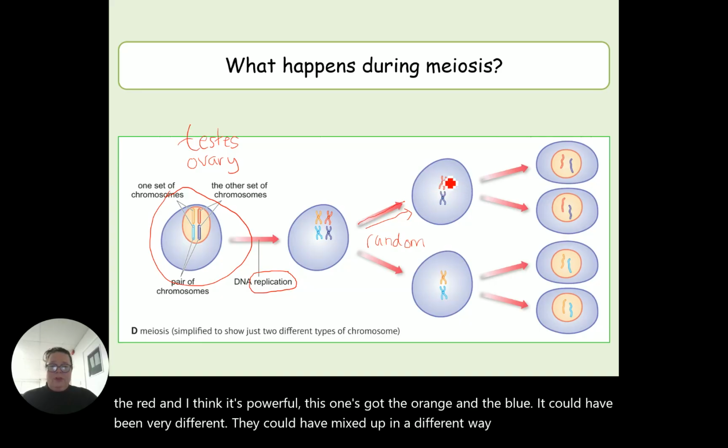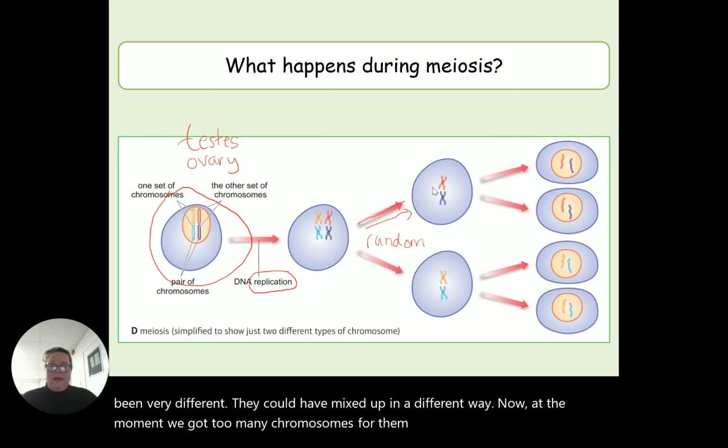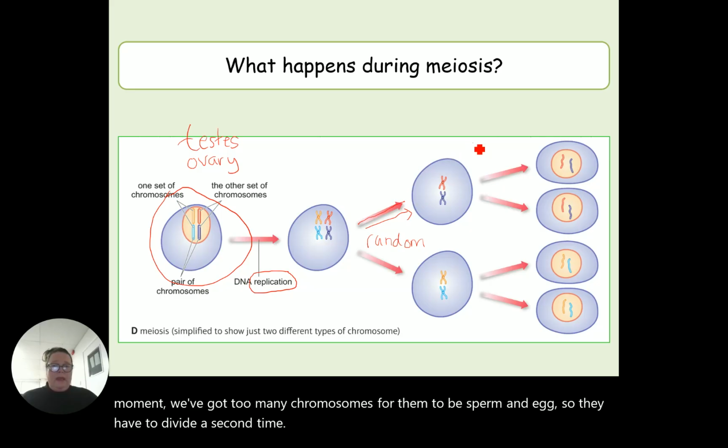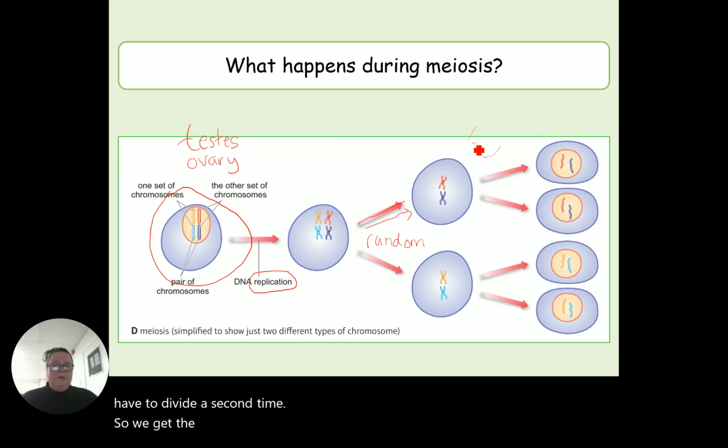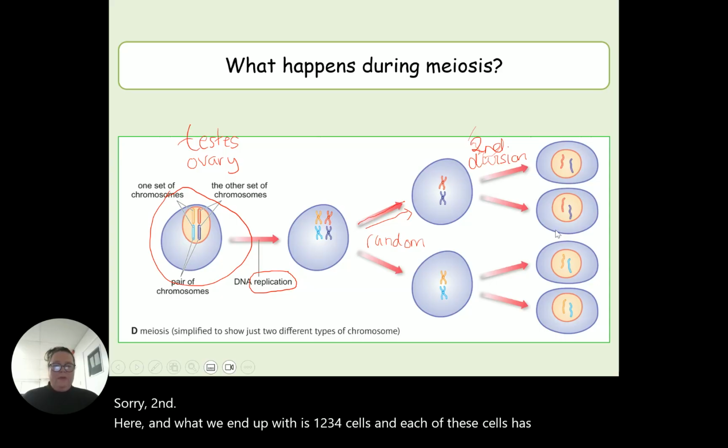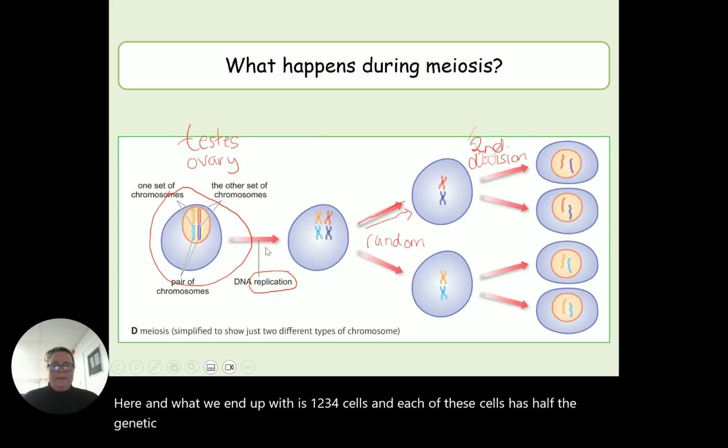Now, at the moment we've got too many chromosomes for them to be sperm and egg, so they have to divide a second time. So we get the second division here, and what we end up with is 1, 2, 3, 4 cells, and each of these cells has half the genetic information of this first cell.